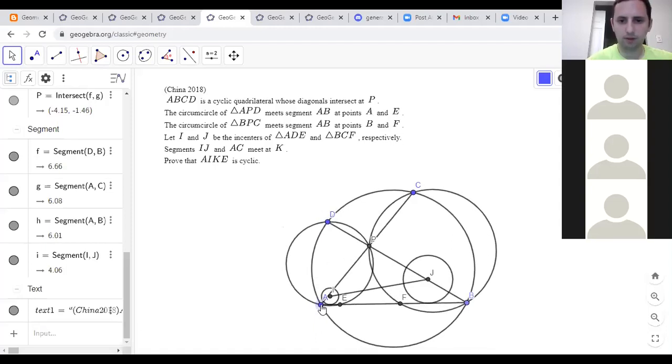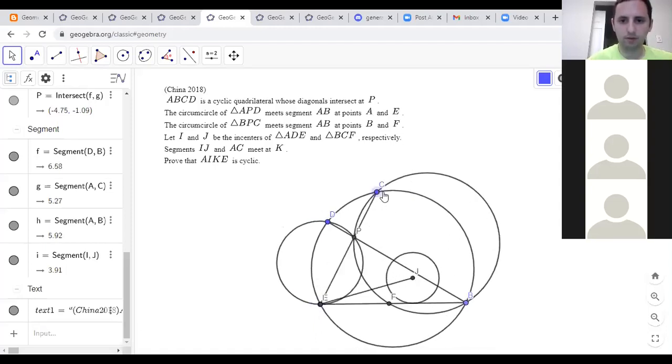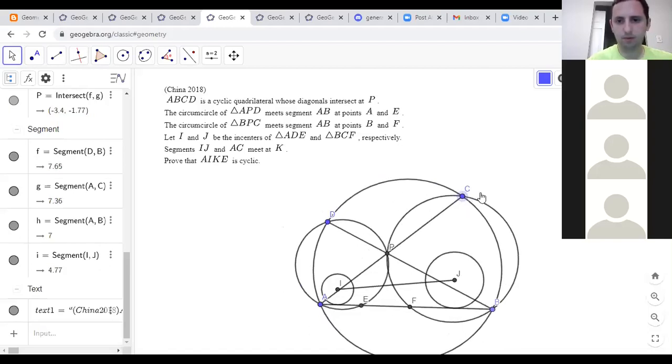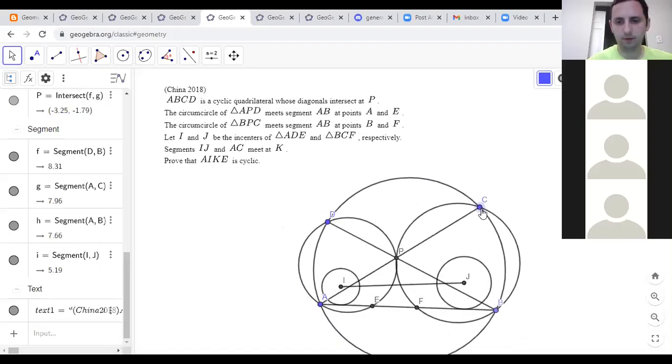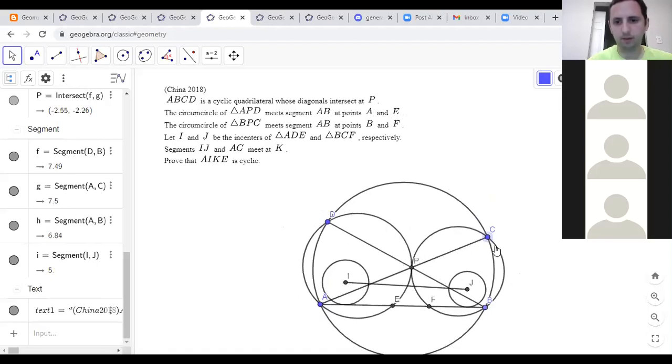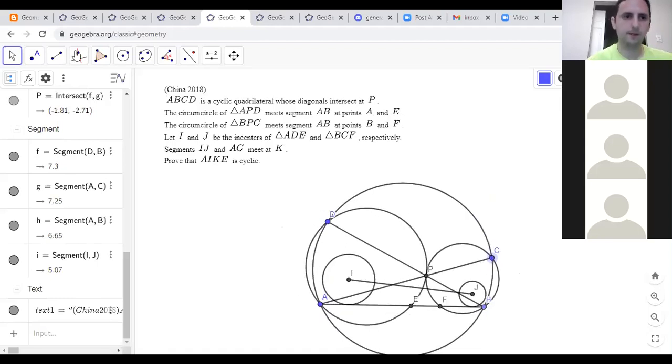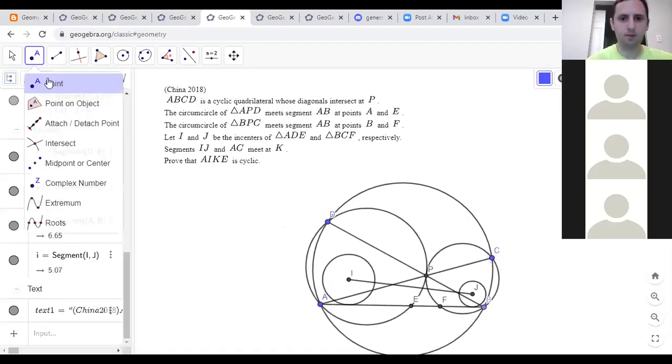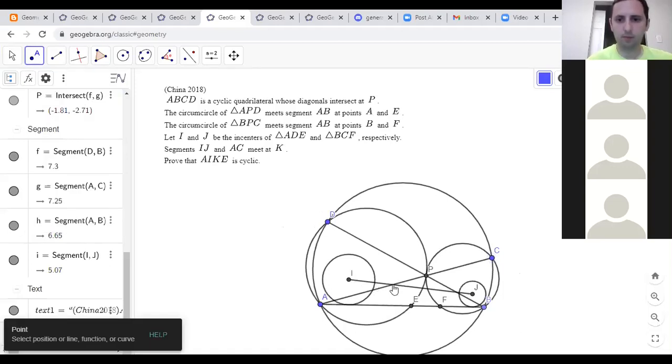Segments IJ and AC. If I go like this, does that help? What if I do a flatter one? So yeah, if I do it like this, that's better. So that would be point K.